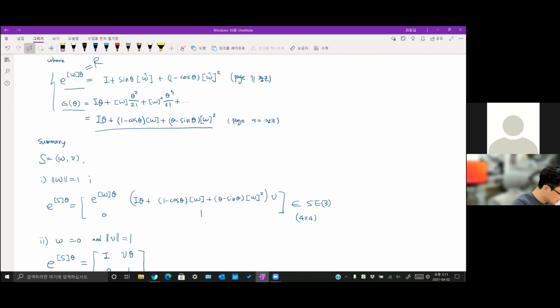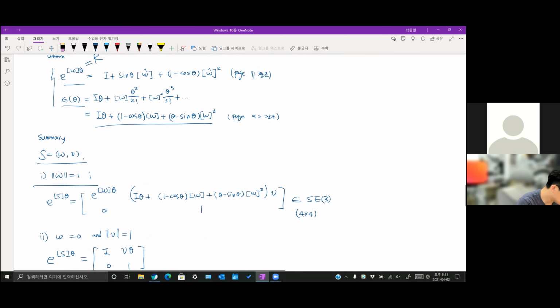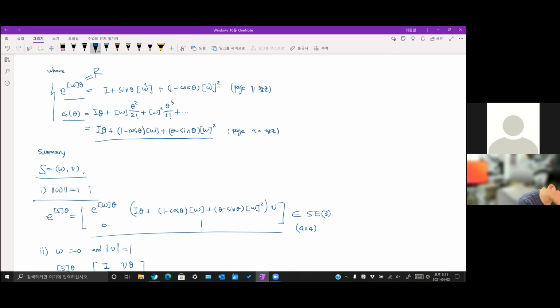So let me summarize here. The screw axis is omega and V. In the case where the norm of omega equals 1, the exponential coordinate representation is simplified like this.